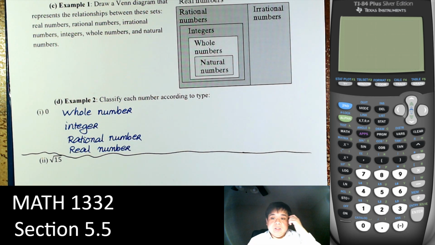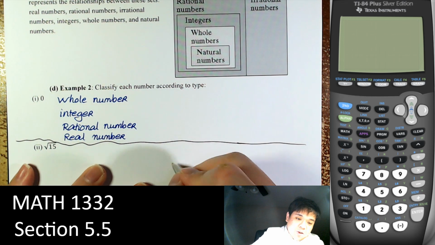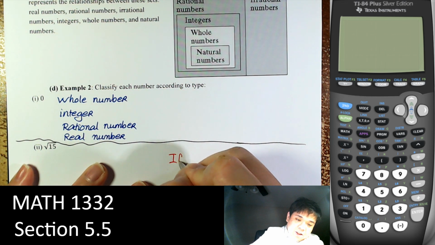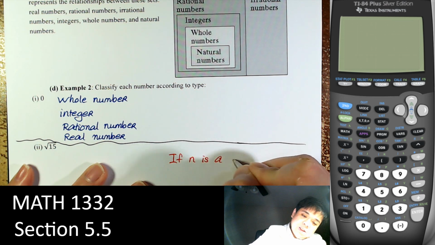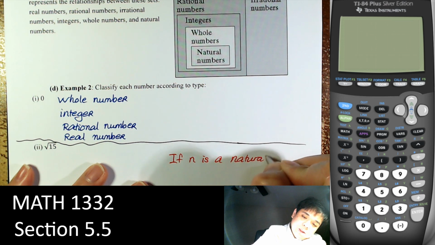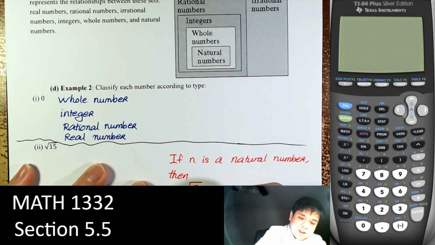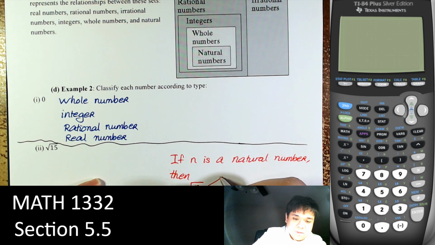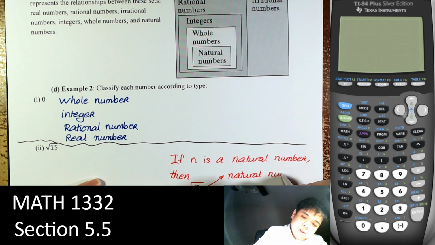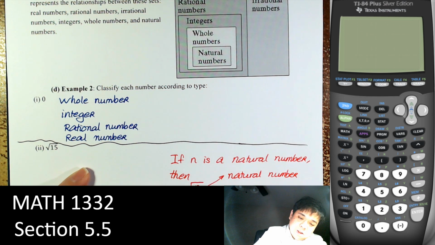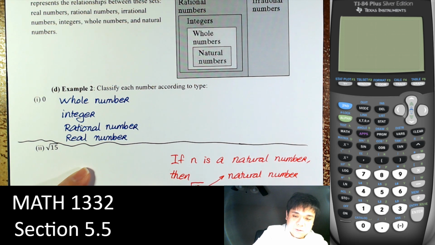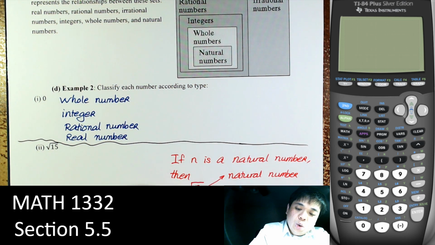Right, next we have square root of 15. And for this, I'll just have one theorem here. If n is a natural number, then the square root of n is either a natural number or it is an irrational number. There's nothing in between.